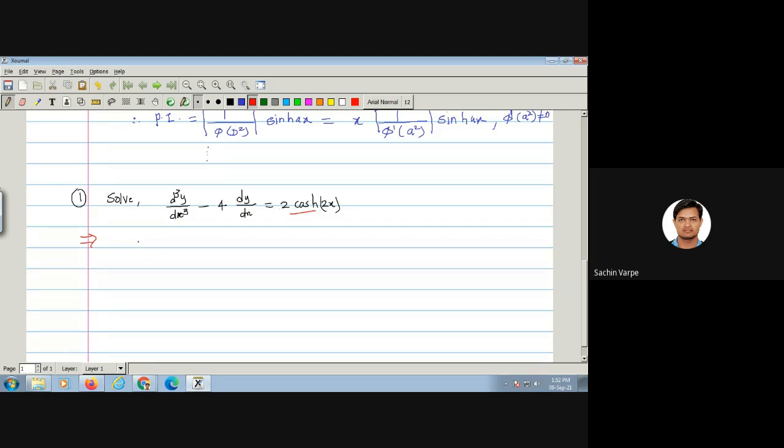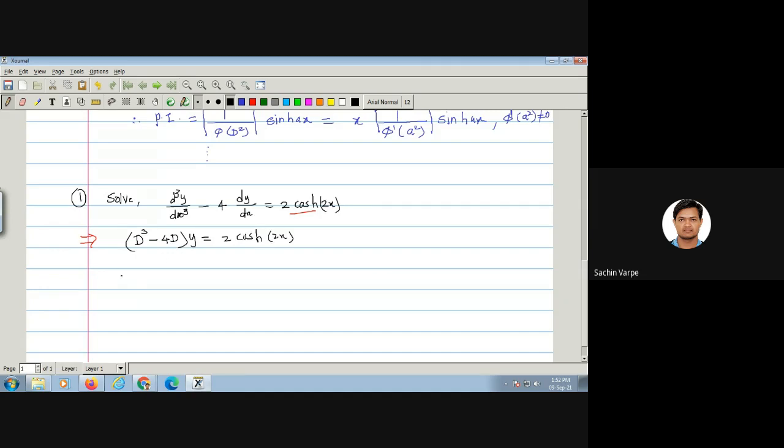So what is the CF here? Everyone can try. To find CF, we consider the homogeneous differential equation. First of all, we introduce an operator capital D, so that will be of the form D cube minus 4D times y equals 2 times hyperbolic cos 2x.